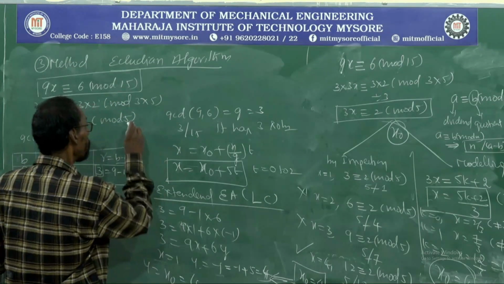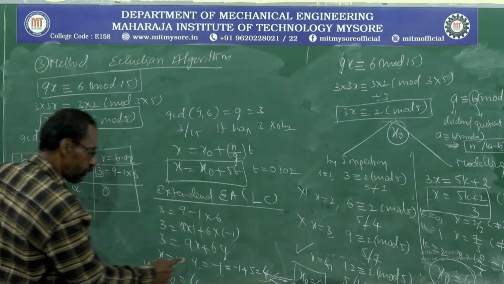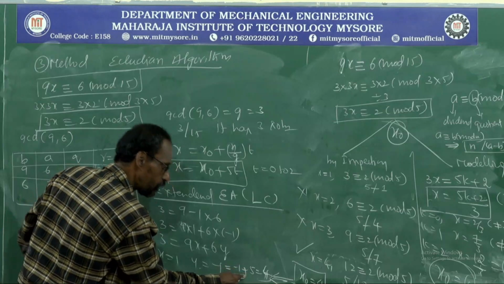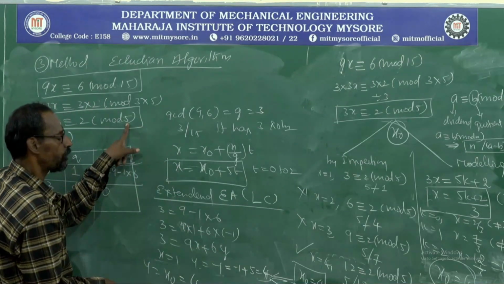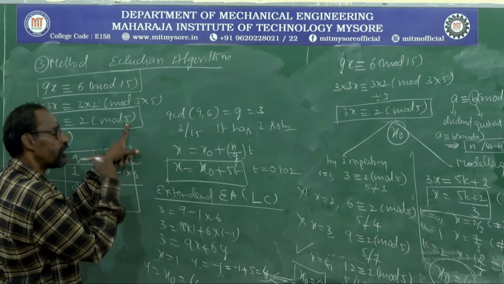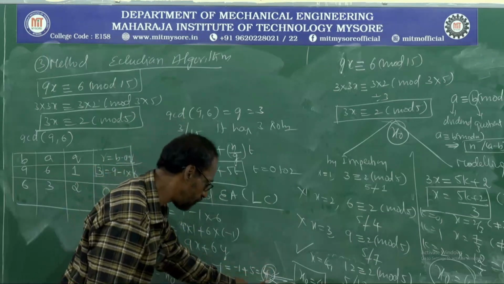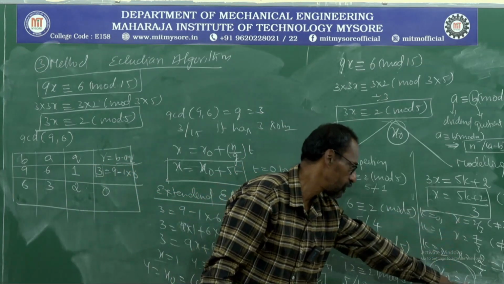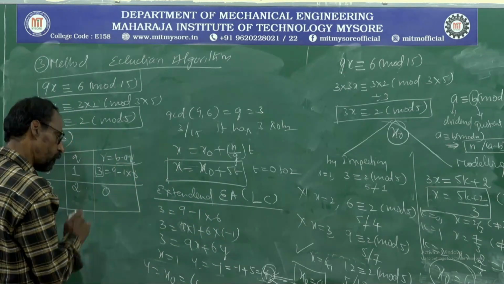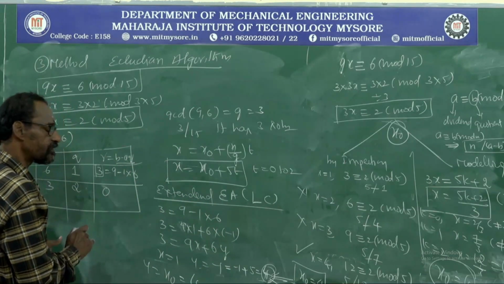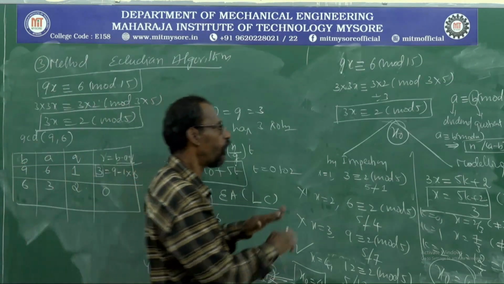So y is modified to minus 1 plus phi. I don't want negative, so adding phi gives the simplified version of the linear congruence, that is 4. See, I got the 4 all three times. All 3 approaches generate the same value of x, that is x naught. Take x is equal to x naught, substitute there and run the t value, and I am going to get all the solutions.